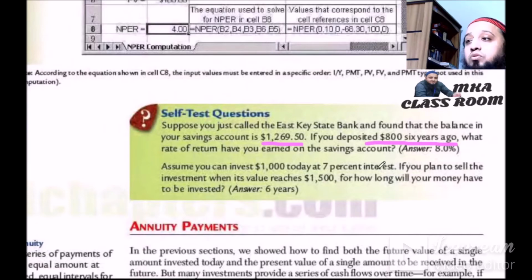And here is the question: what rate of return have you earned from your deposit? So here we have the future value, that is the present value, and the 6 years is the value of n. Then you have to find out the value of r, the interest rate.